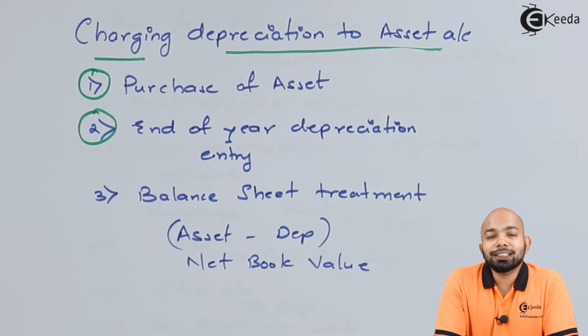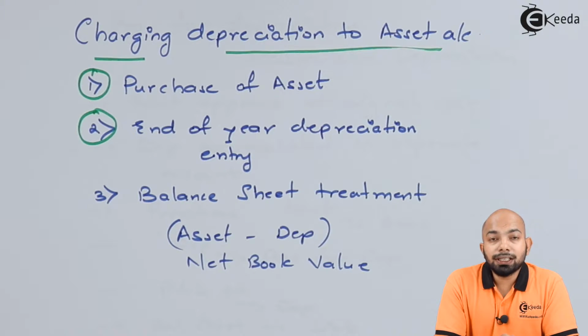Whichever month the asset has been procured, you need to figure that out, and from that date, for the purchase year itself, you need to find out the depreciation from the month of purchase. Make sure you remember this, because this will be the most common mistake all of you students will make if any of these question terminologies are missed.